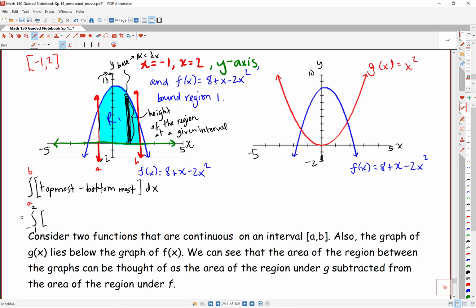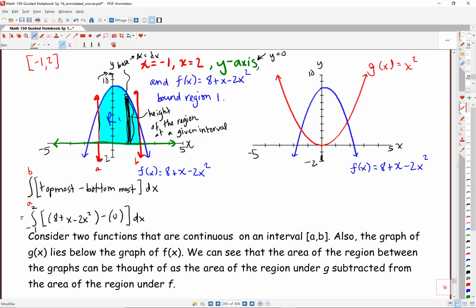Our f of x, so that is 8 plus x minus 2x squared. And then our bottommost graph is perfect. The y-axis is the same as y equals 0, right? So minus 0 and then dx.